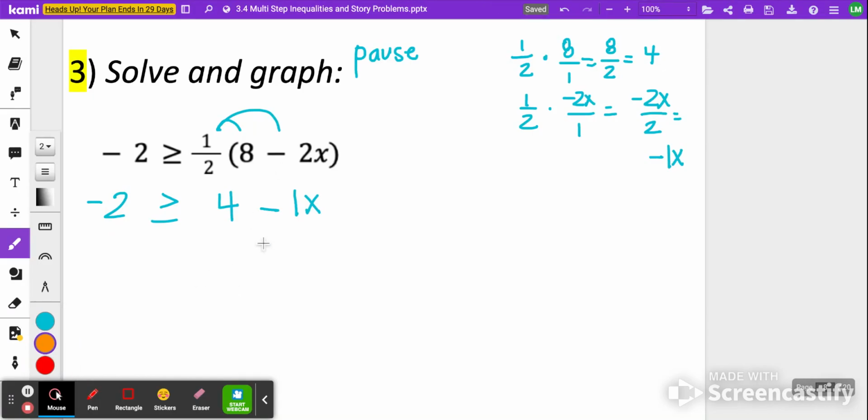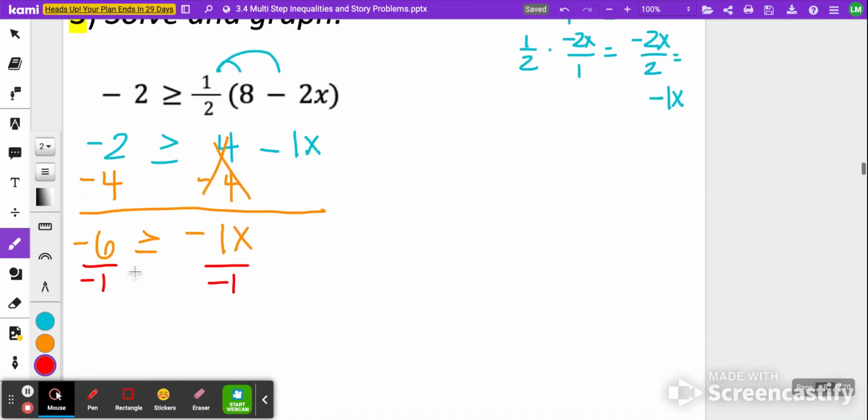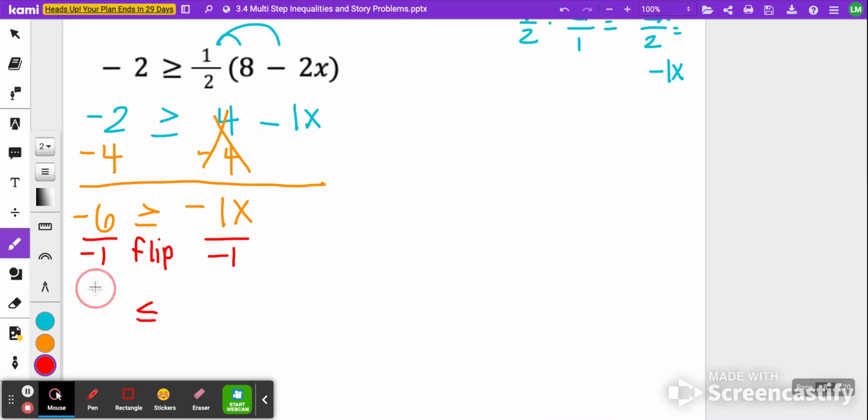Now I'm going to move my numbers together. I'm going to do that by subtracting 4 from both sides. Negative 2 minus 4 gives me negative 6 is greater than or equal to negative 1x. Notice that my next step is to divide by negative 1, and because I'm doing that, I must flip my inequality symbol and make it a less than or equal to sign.